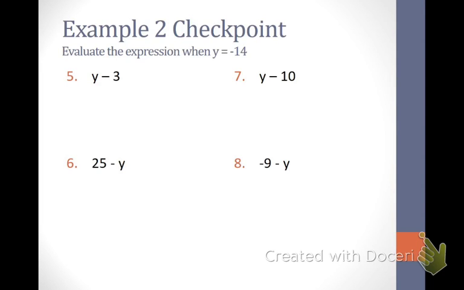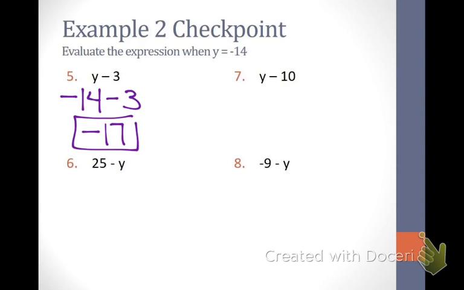Now I want to do this checkpoint real quick. Let's go ahead and do these 4 problems, and then we will check. All right, y minus 3. Negative 14 minus 3 is what?